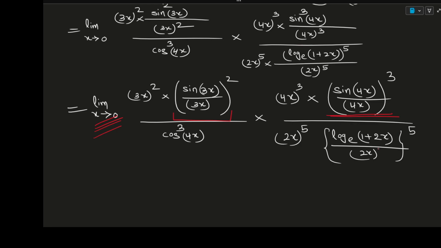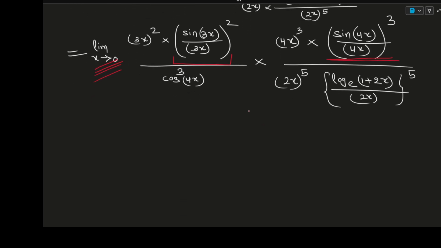Now by using the algebra of limits, we can write it here as: this limit will be 1, this limit will be 1, this limit will be 1, this limit will be 1.